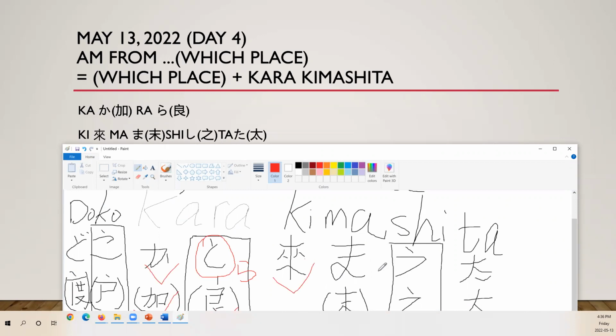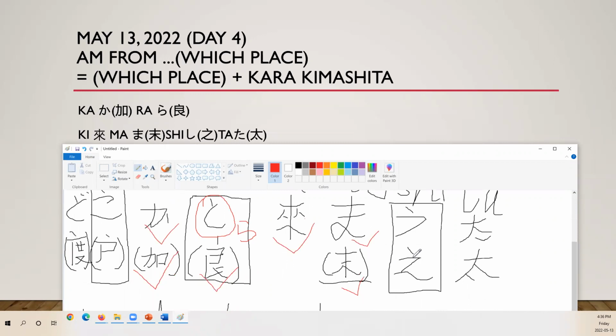So this one is right, and the kanji is right. Oh no, this one is wrong. So it's derived into only this. That's funny. Okay, yeah, okay.